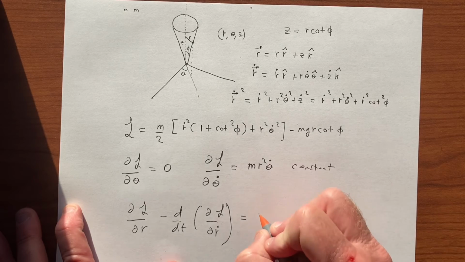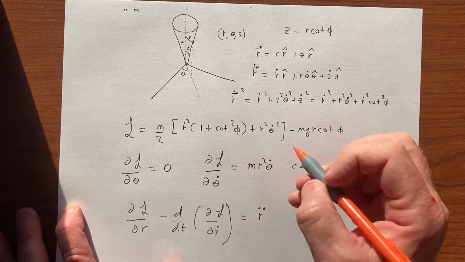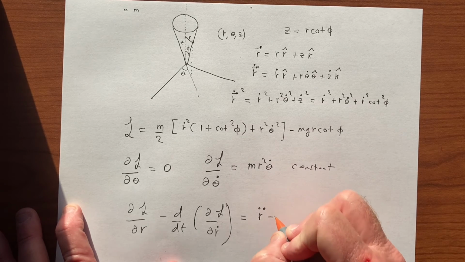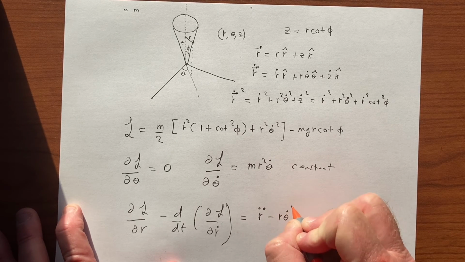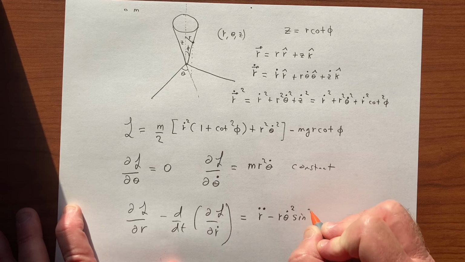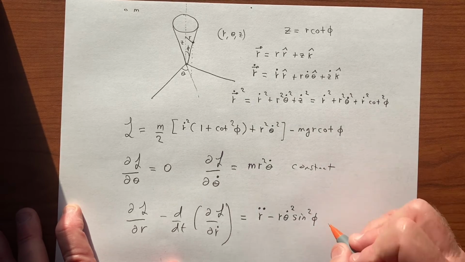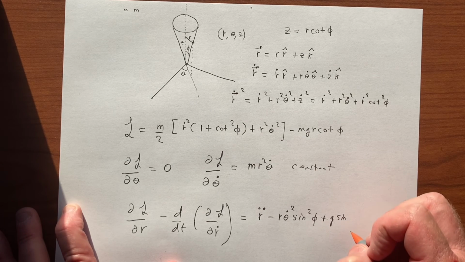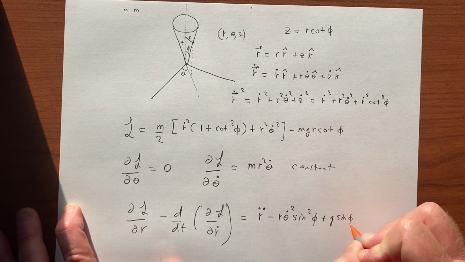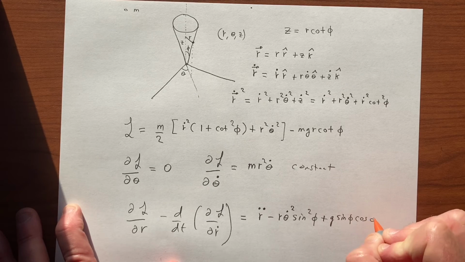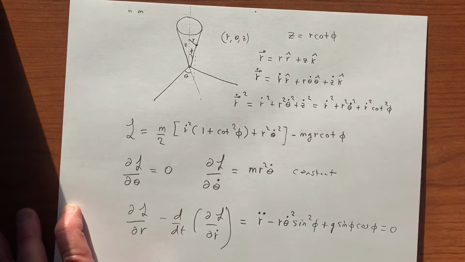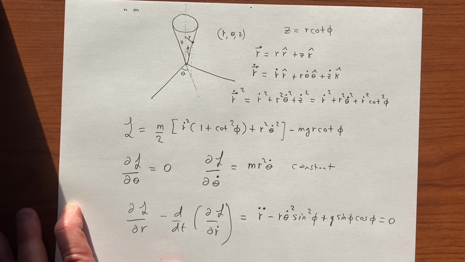So we'll get r double dot, the acceleration in the radial coordinate, minus r theta dot squared sine squared of phi plus g sine phi cosine of phi, and this is equal to 0. And that's the equation of motion.